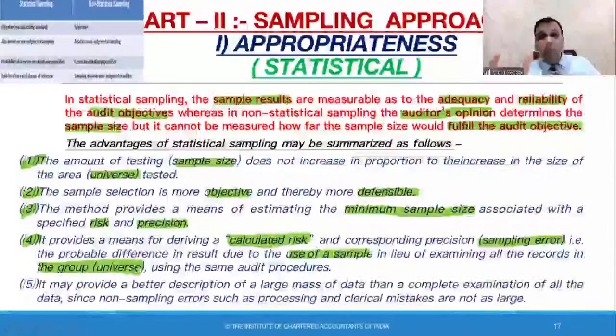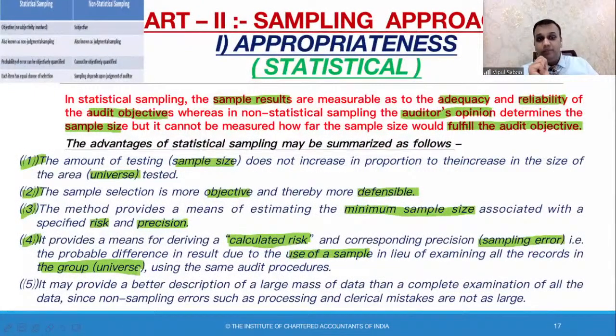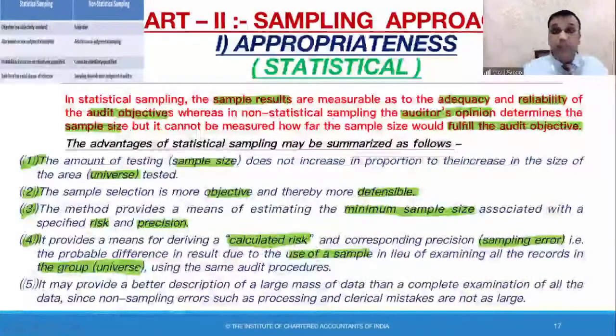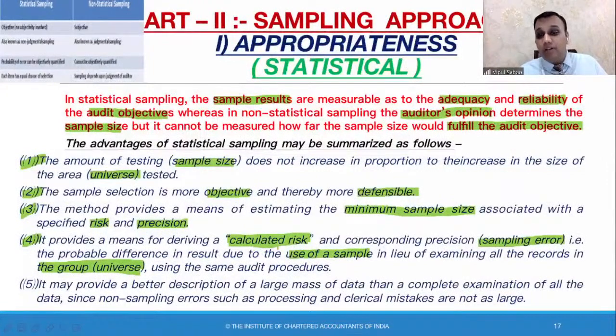The results we obtain from the population and the results we obtain from the sample, this deviation is known as sampling error. So statistical sampling provides us a mathematical means to derive a calculated risk and corresponding precision. The lower the sampling error, the higher the precision. The higher the sampling error, the lower the precision, accuracy.